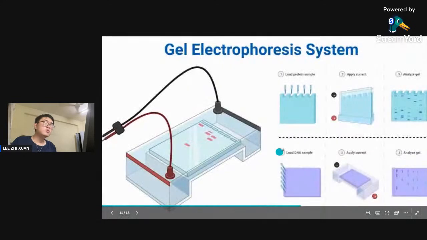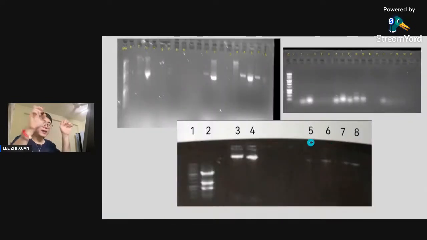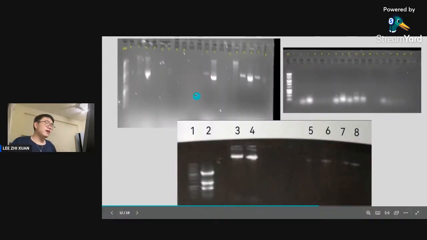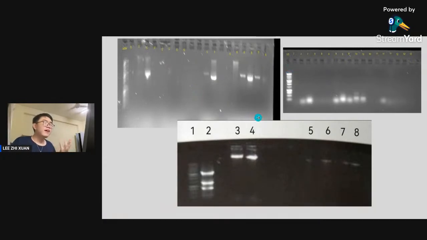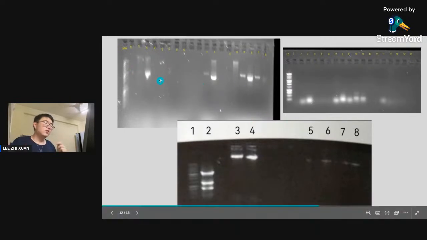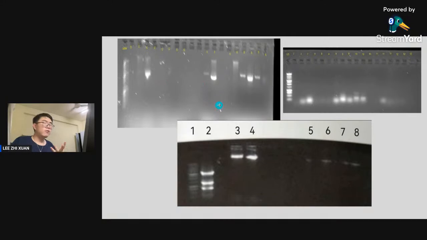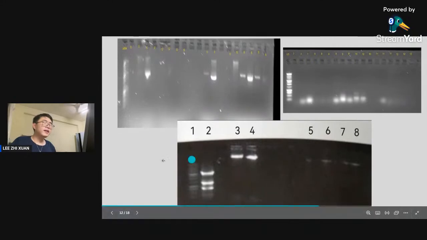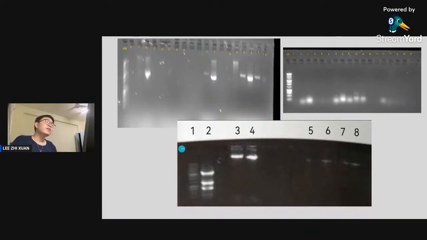Maybe this one is not clear. This is the experiment that I did during my university. These are the three gel images you will see. This is the final image. This one is actually unclear.